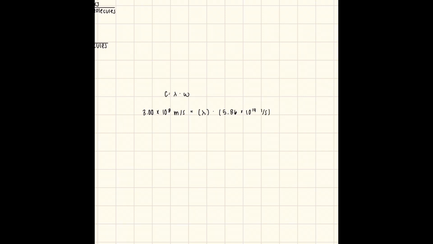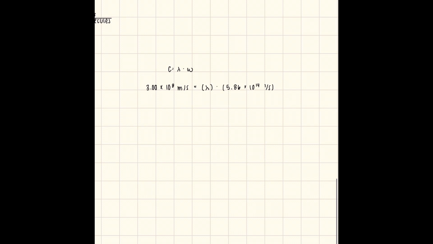Once again, we are going to do some simple algebra, but we are going to rewrite it again to stay a little bit organized. So I'm going to do 3.00 times 10 to the 8th meters per second is equal to wavelength, and then times 5.86 times 10 to the 14th 1 over seconds.